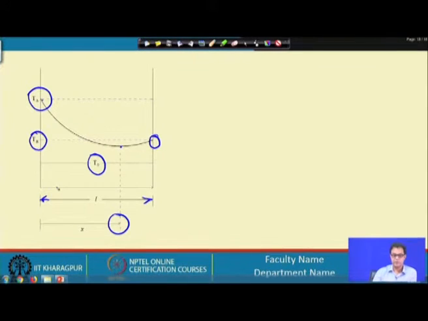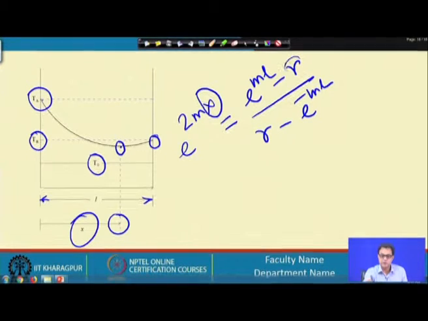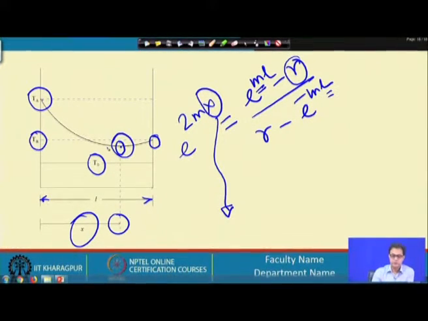So, now in this case we have the extremum located at this point, and we may try to find out the position x, and that will be given by e to the power 2 m x is equal to e to the power m L minus r by r minus e to the power minus m L. So, depending on the temperature ratio theta a by theta b, the value of m and the value of L, we would be able to find out the position x where the extremum is located.